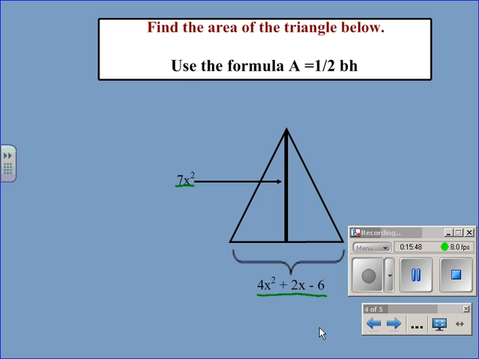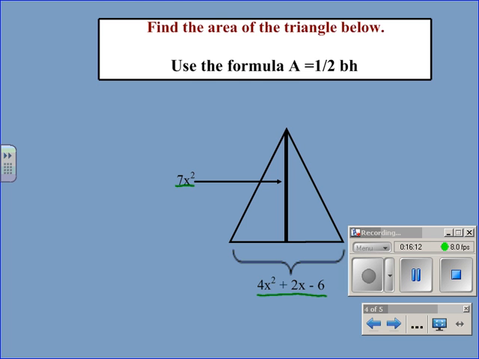The very first thing we need to do is plug both of these into the formula. Let me start over here.